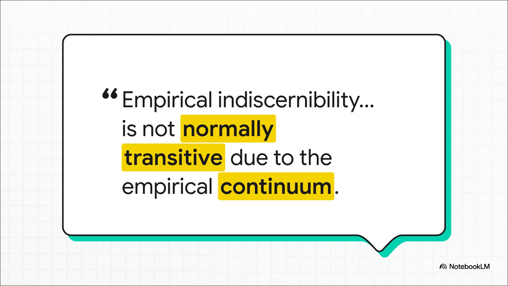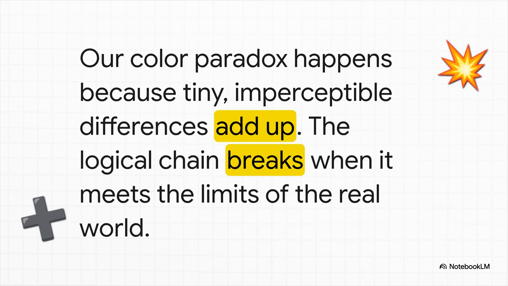And here it is, the big aha moment, right from the source material. It says that empirical indiscernibility, again, what we perceive, is not normally transitive. And that's the whole key. That perfect abstract rule of transitivity, it just doesn't always apply to the messy, limited information we get from our eyes and ears. So let's solve the puzzle once and for all.